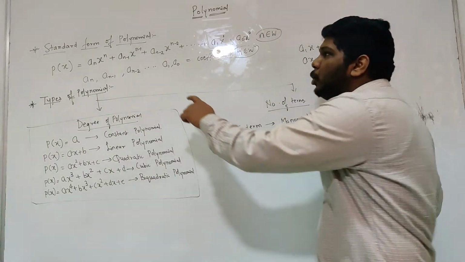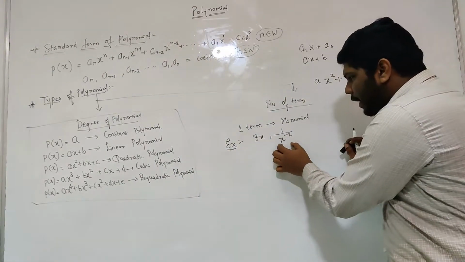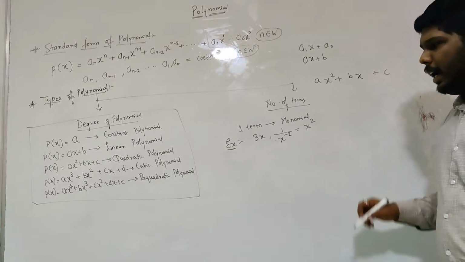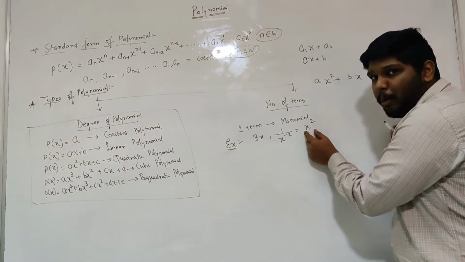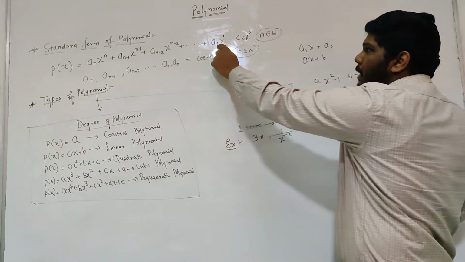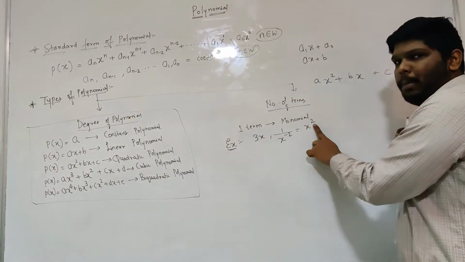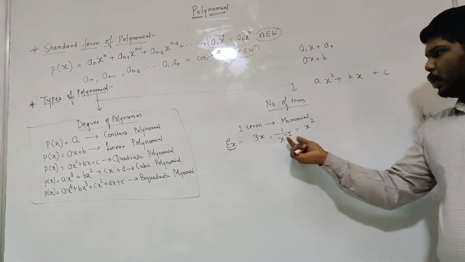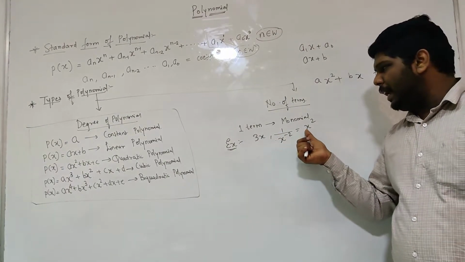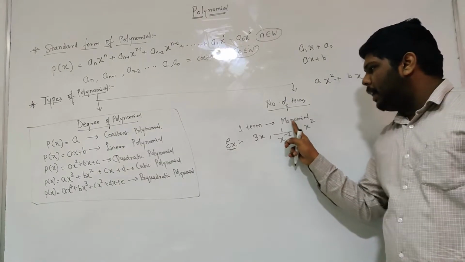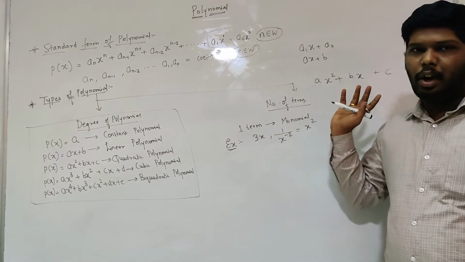But we can take this to the numerator. So can I say this is equal to x raised to 2? And x raised to 2 we can consider as a polynomial, because the standard form says that the value of n, that is the degree of the variable, should be a whole number, and 2 is a whole number. Okay. So 1 upon x raised to minus 2, when we write it as x raised to 2, can be considered as a polynomial, and at the same time it can be considered under the category of monomial.